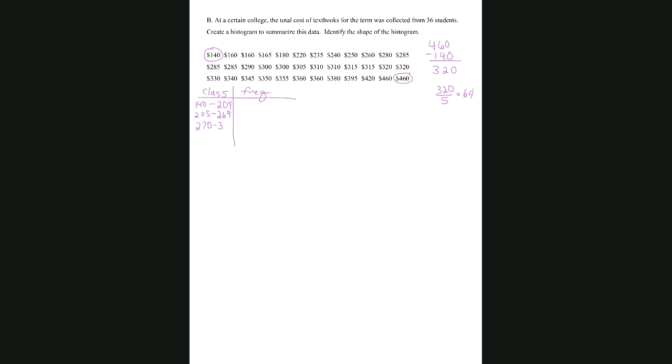And actually these may be 65. These classes may be 65. Because I have 140, right? And I add 64 to it, so I have one number already in that class. But that's okay, as long as these classes have the same amount, then that's fine.